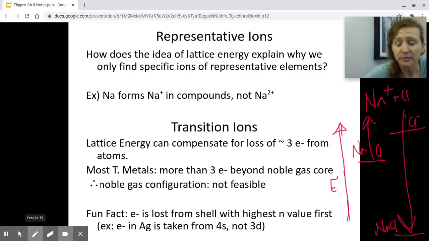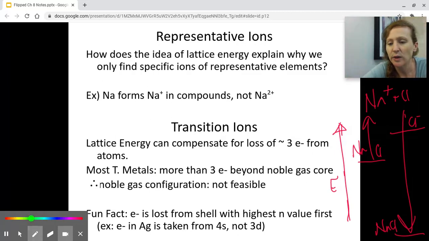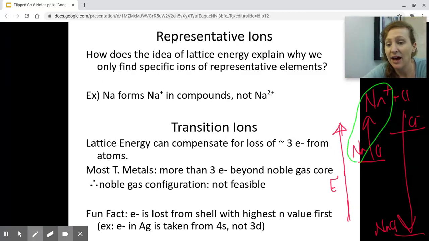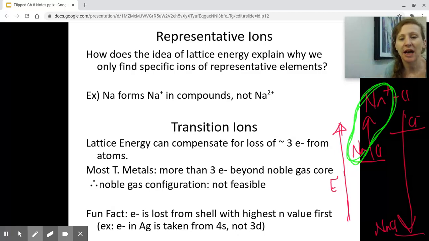And so this idea of the transition between the elements and the ions, especially for metals, means that removing that electron is going to take energy. The idea of lattice energy, the energy that we get out when we form the lattice, and the idea of successive ionization energy come together here.